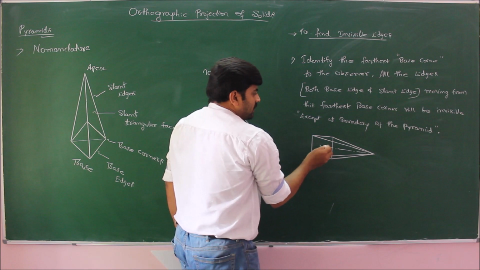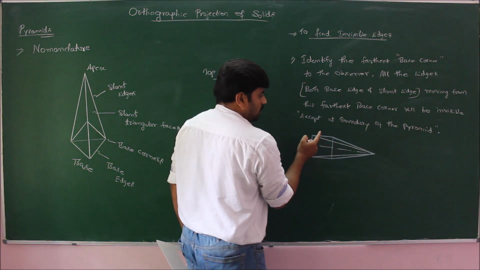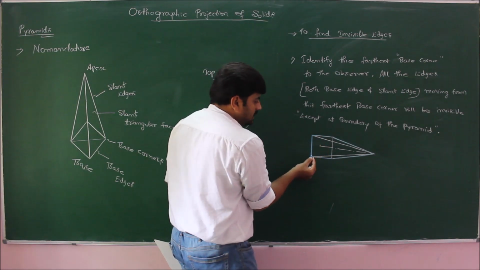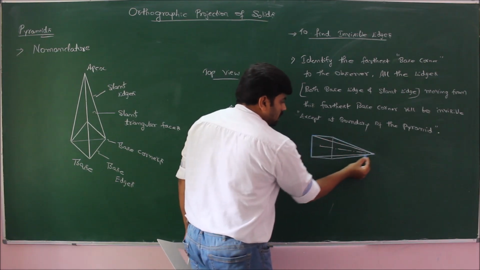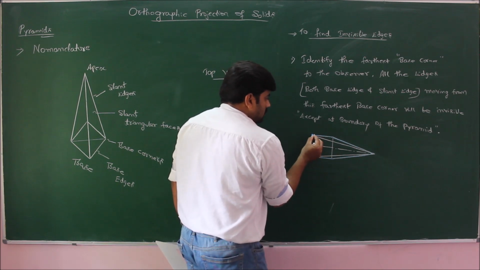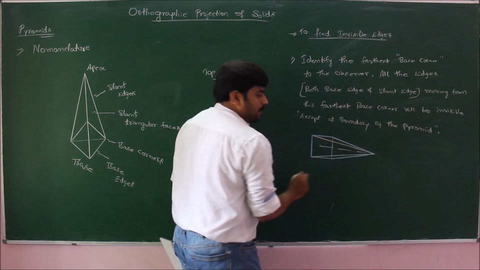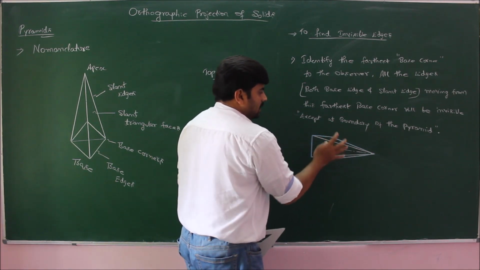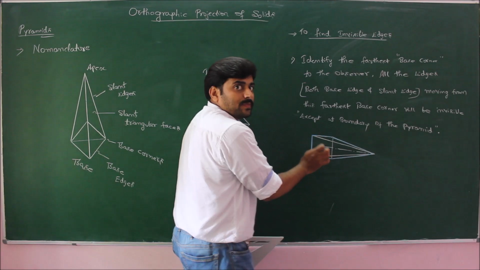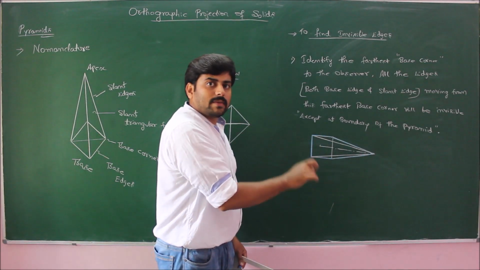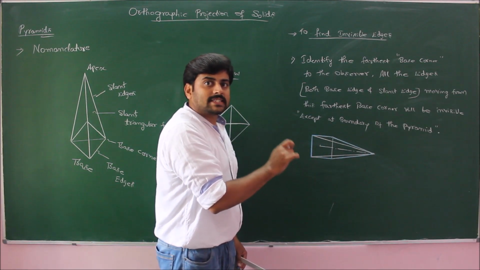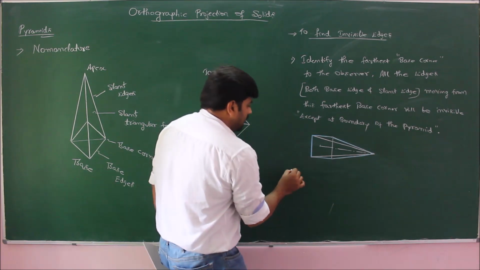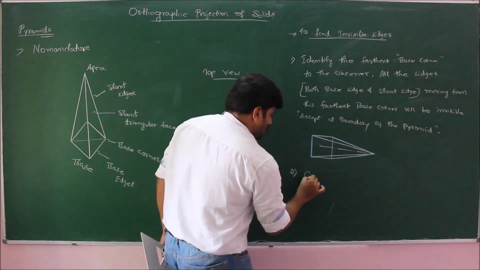Here the boundary refers to the lines which I have drawn with the help of blue chalk. The lines which are blue make the boundary of the pyramid. Except these, whatever edges come inside will be invisible if they emerge from the farthest base corner to the observer.